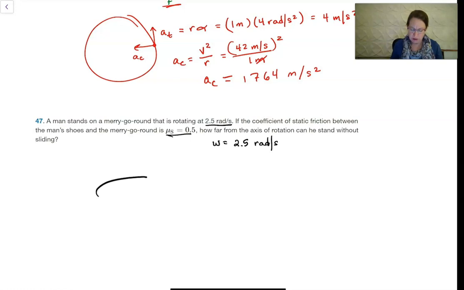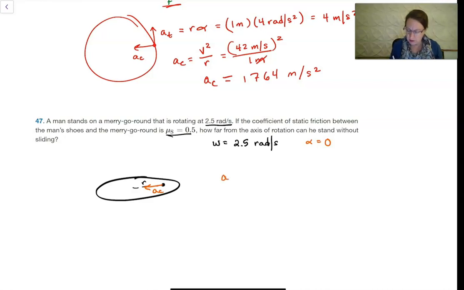So if you're looking at a merry-go-round and you're looking at some point, some distance r from the middle, then even though it's going at a constant angular speed, so alpha is equal to 0, there's still an acceleration, right? And that's the centripetal acceleration. We saw it up above in the previous problem.